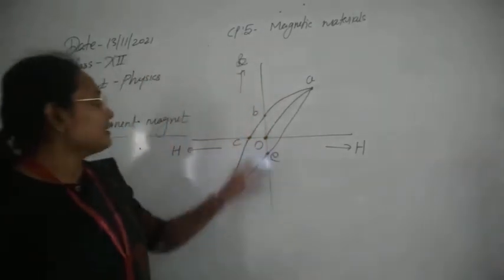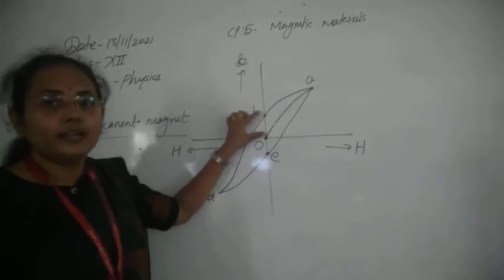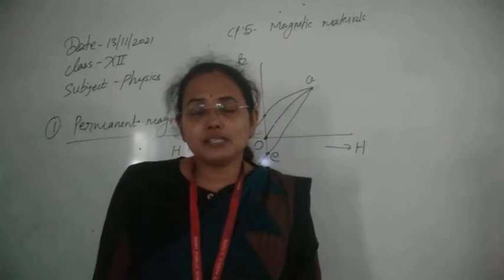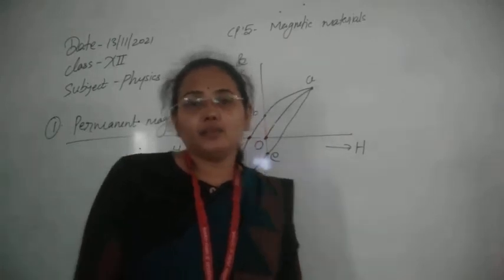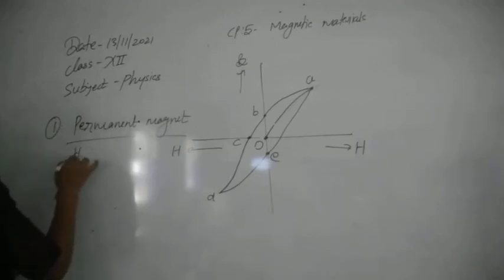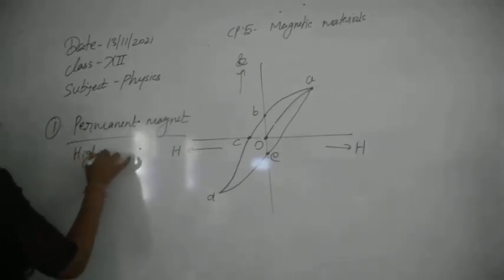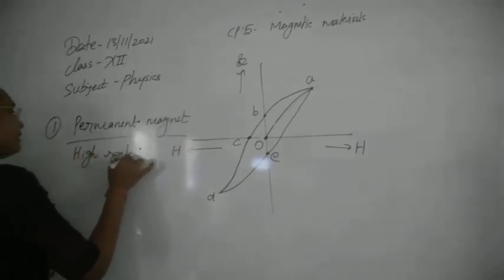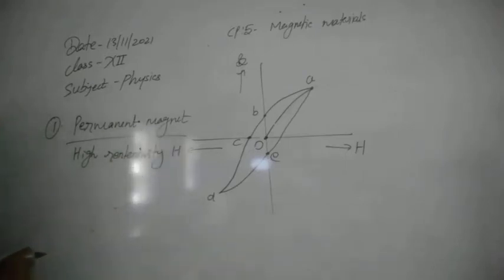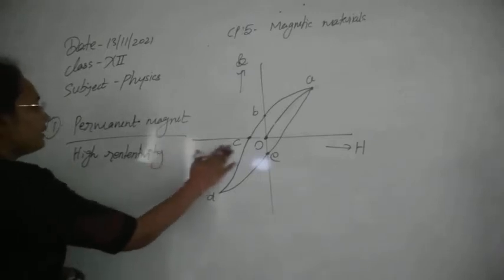So it means it has retentive property already. So the first property that a permanent magnet should have is high retentivity. We can make permanent magnets from materials that have high retentive property.